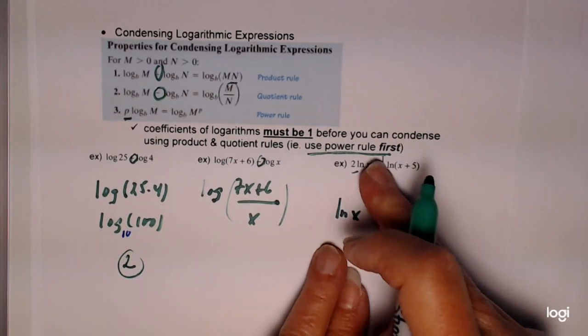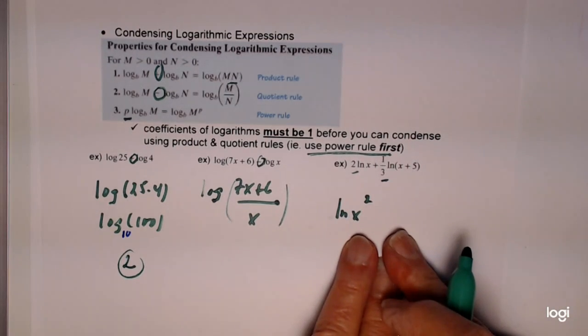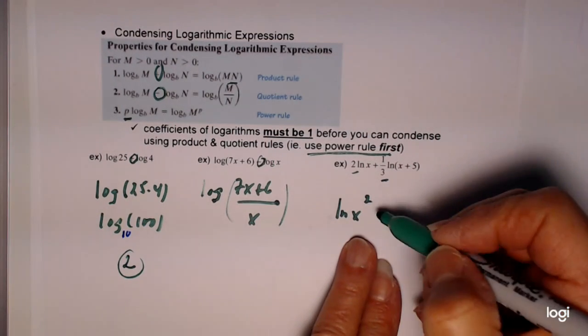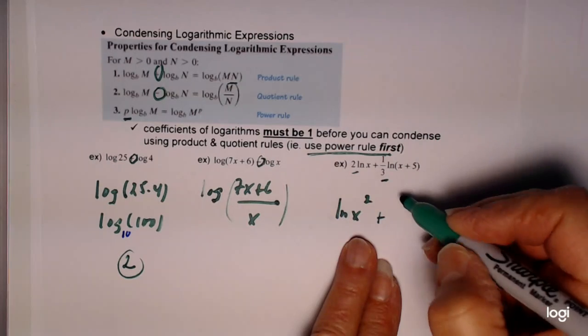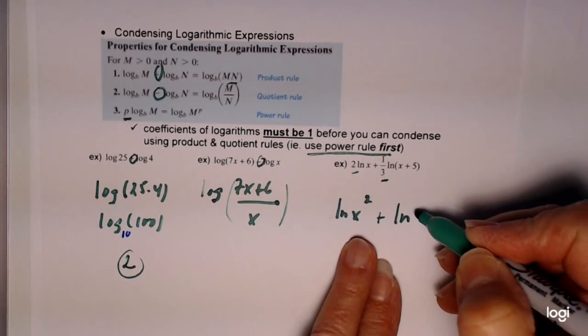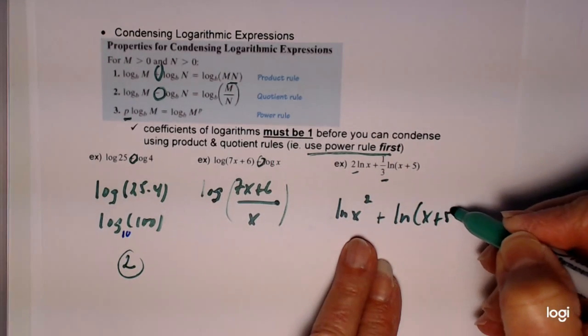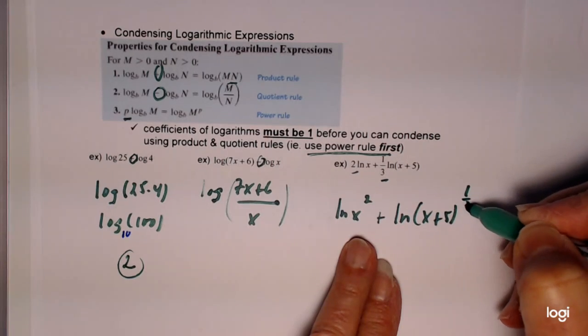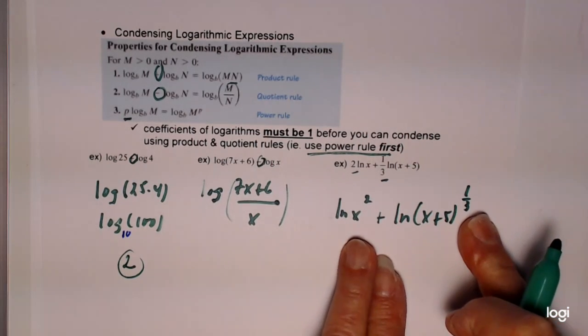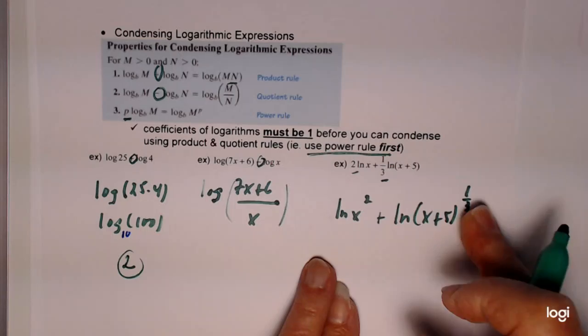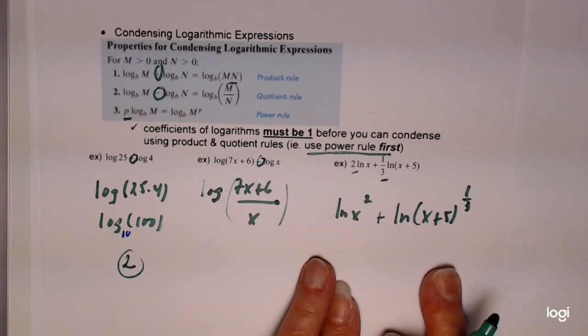I'm putting that 2 back in the position where the exponent belongs. And now this 1/3, so now we have natural log x plus 5, and that 1/3 is going to be the exponent for that expression there. So we put them back up where exponents should be.